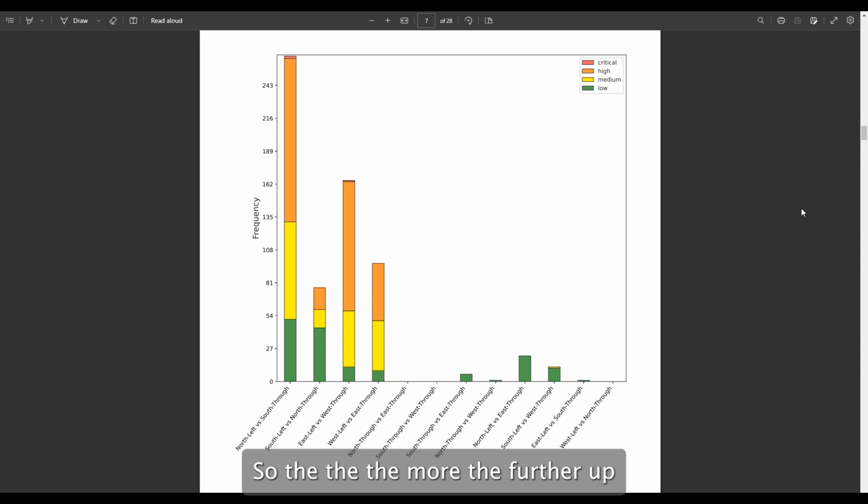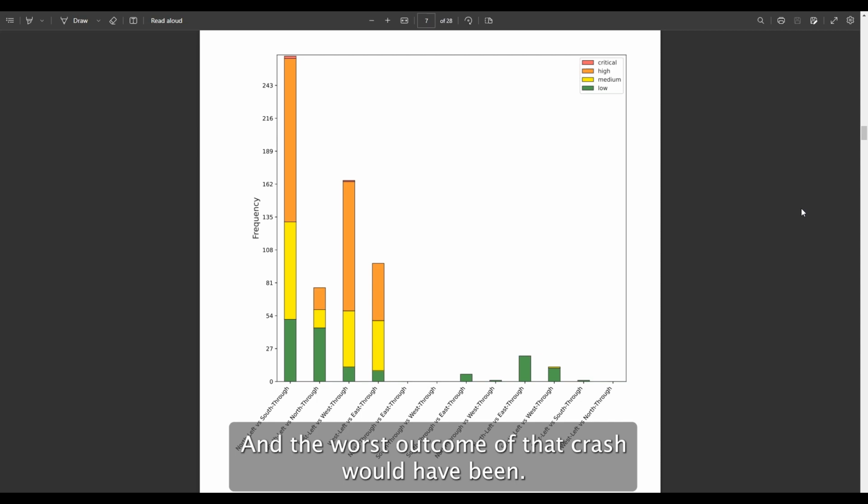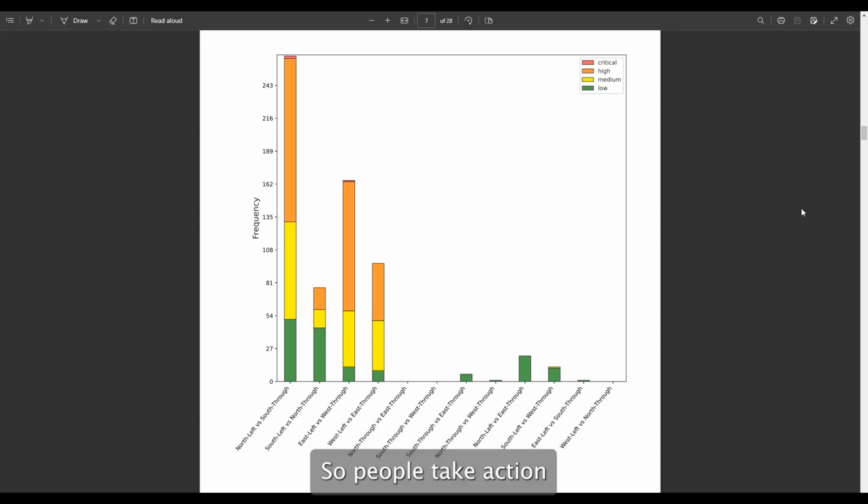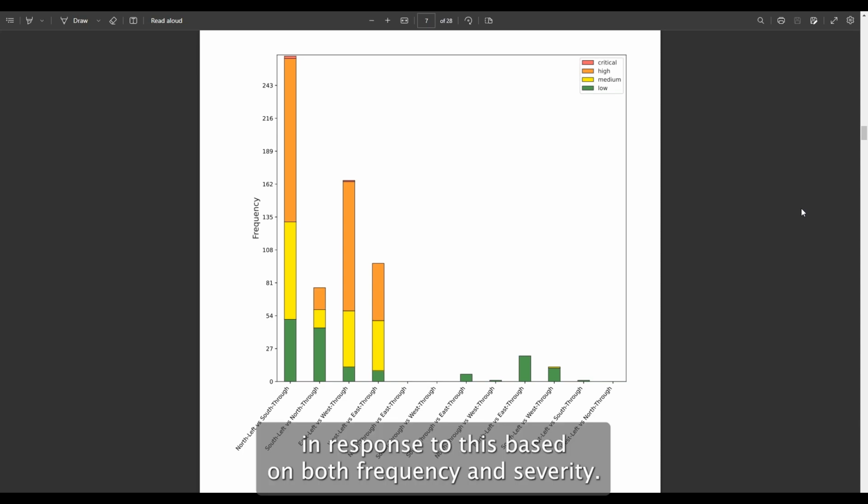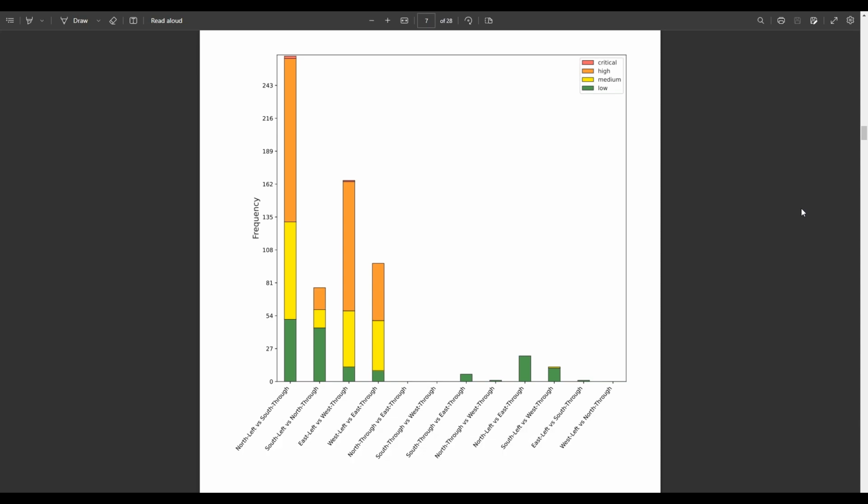So the further up you go in this severity scale, the more proximal they are to a crash, and the worse the outcome of that crash would have been. So people take action in response to this based on both frequency and severity.